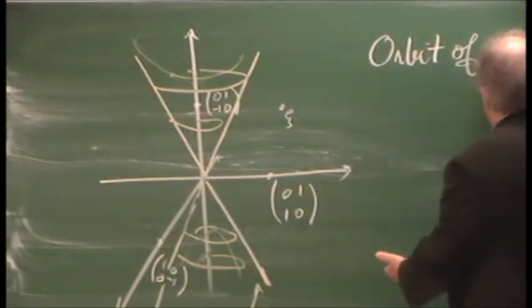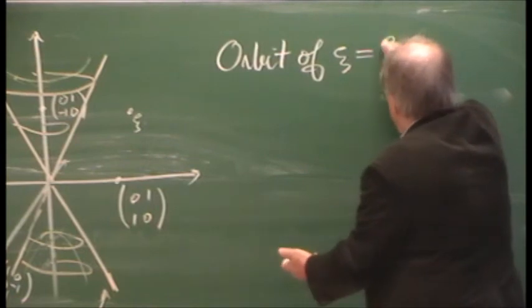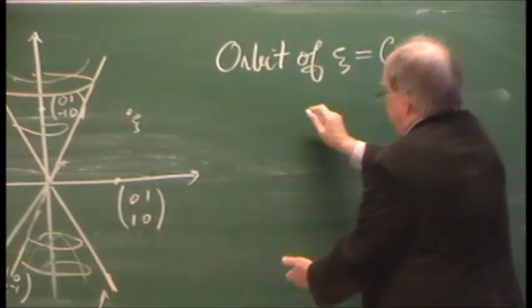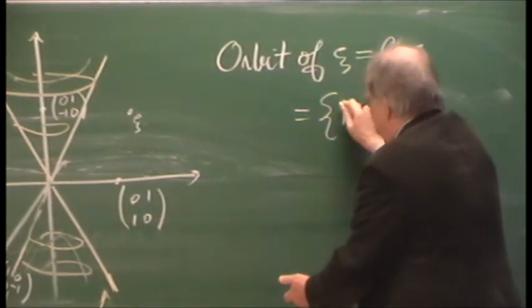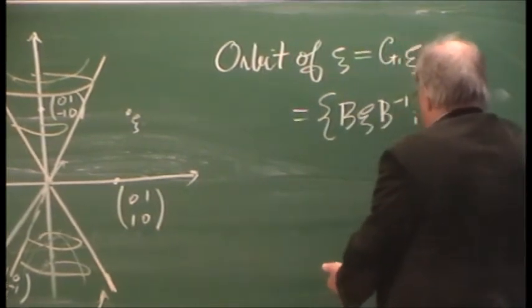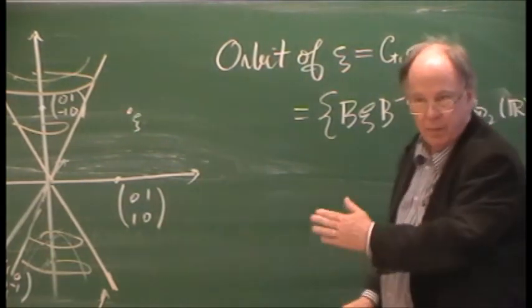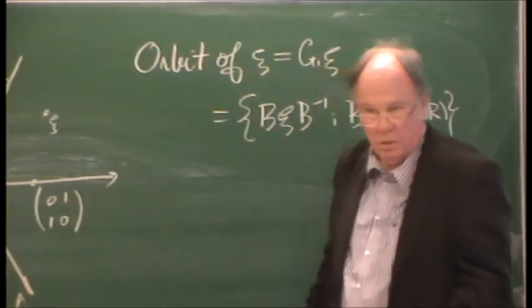So, an orbit of C is, if the group is G, I write it GC. And this is everything you can get, B C B inverse for B in SP2. It's everything you can get by applying the group.